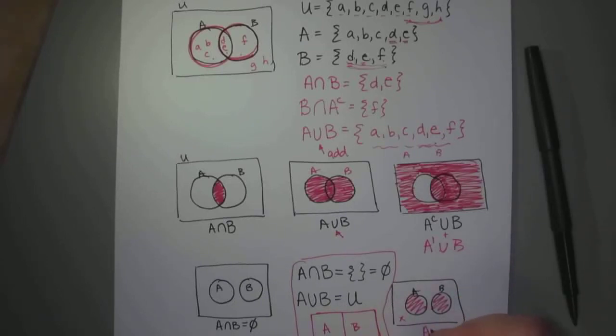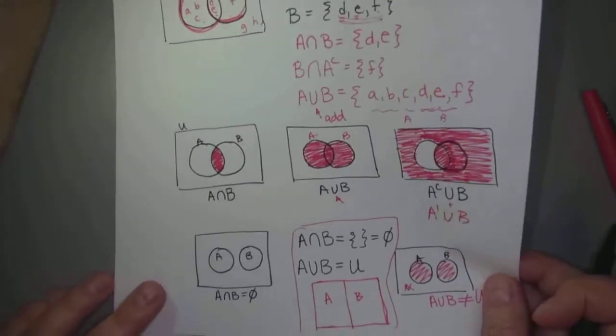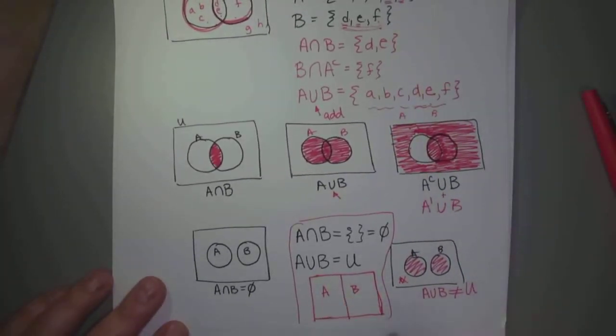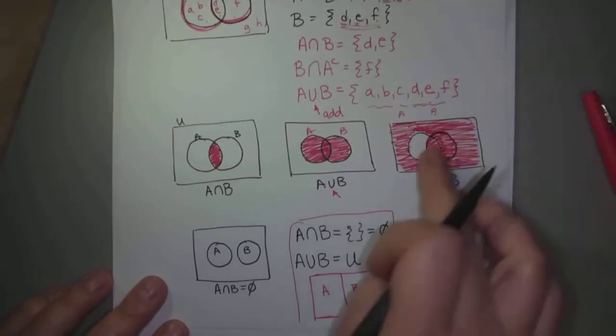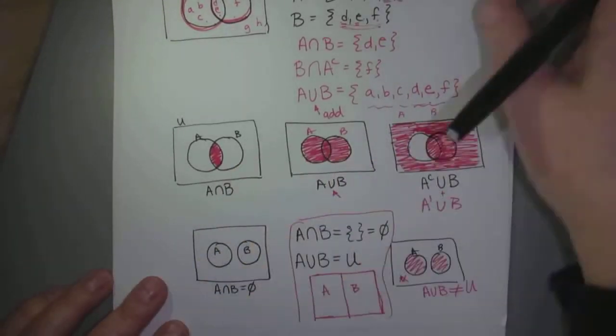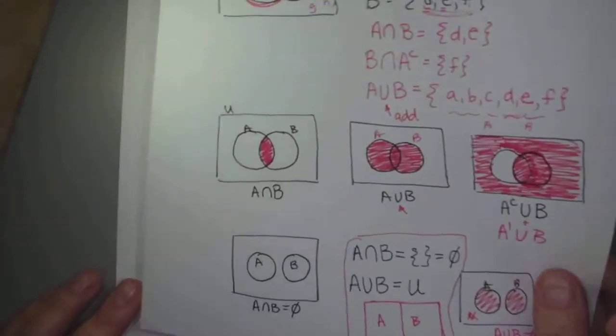So here I would say A union B is not the universal set because we don't have this outside piece. All right, so you can have little situations like this, but basically this is what you see most of the time. Okay, now what about a 3-circle Venn diagram?